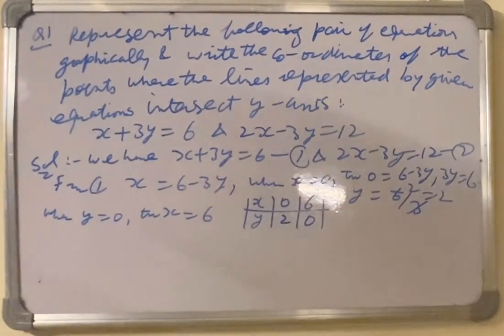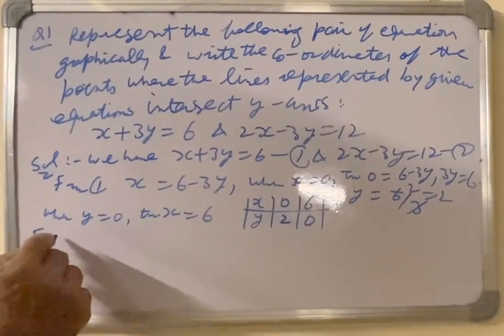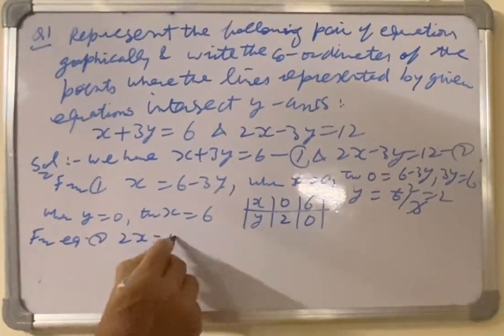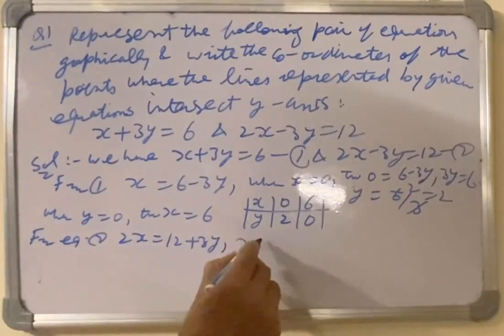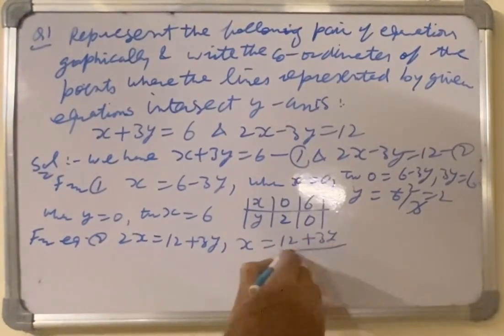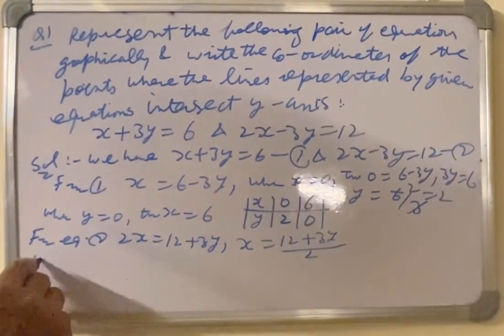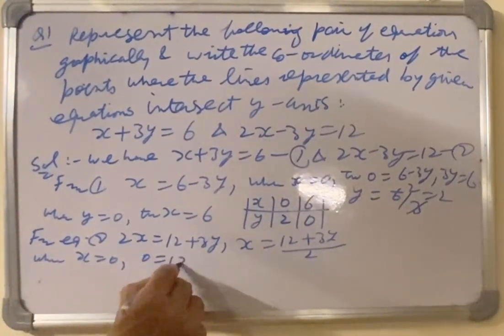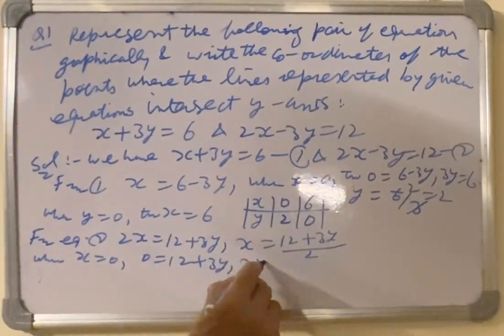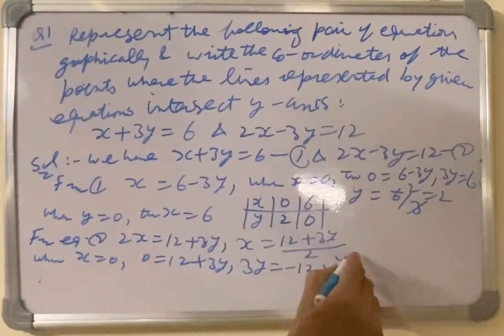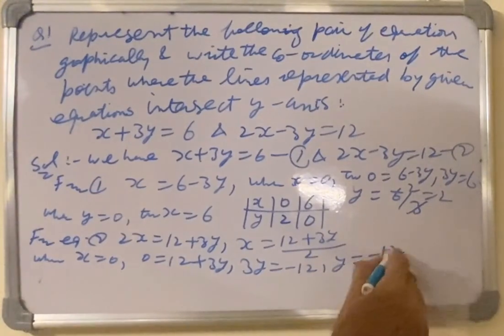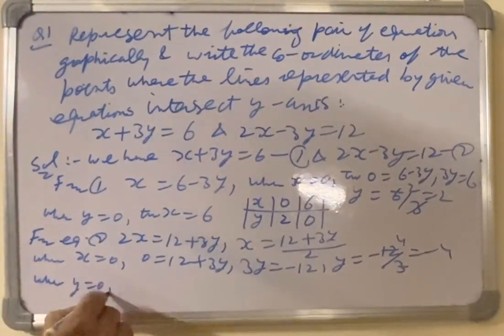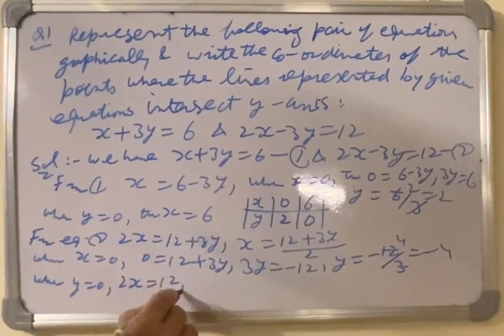Then we take second. From equation second, 2x is equal to 12 plus 3y. X is equal to 12 plus 3y over 2. When x is 0, then 0 is equal to 12 plus 3y. 3y is equal to minus 12. Y is equal to minus 12 over 3, minus 4. When y is equal to 0, then 2x is 12.